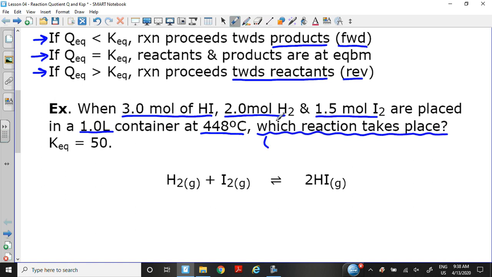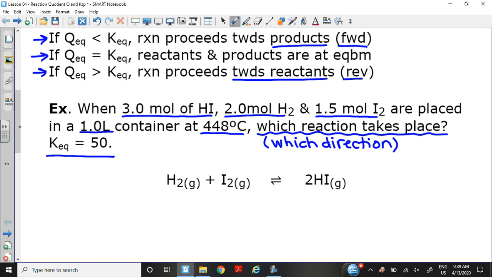So which direction is what it's asking for here. If it doesn't say which direction specifically, it might say just which reaction, but it means which direction. You should also be given a K value for the reaction. So for this reaction at 448 degrees Celsius, the K value is 50.